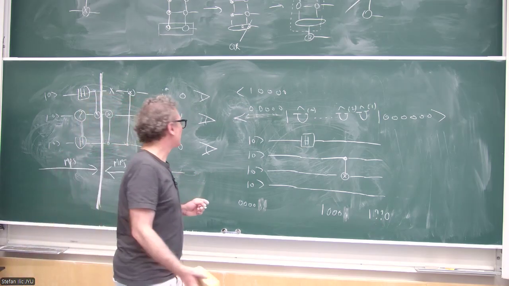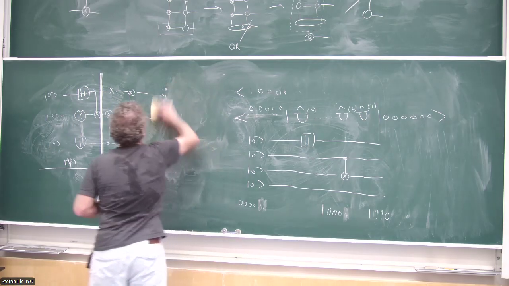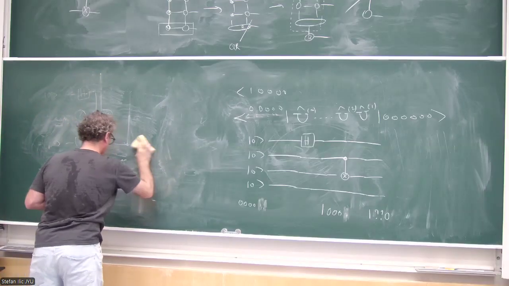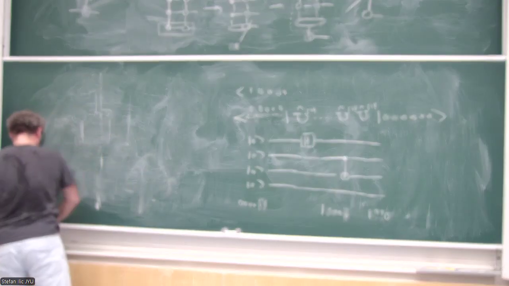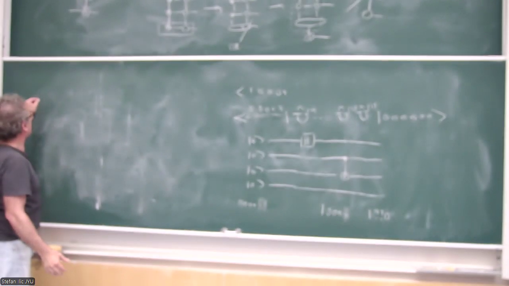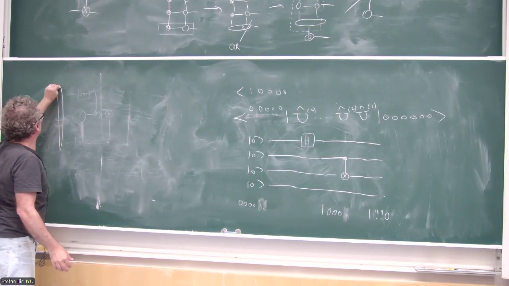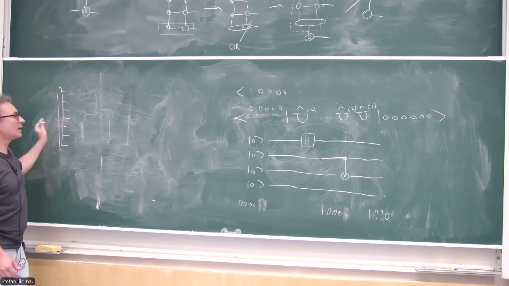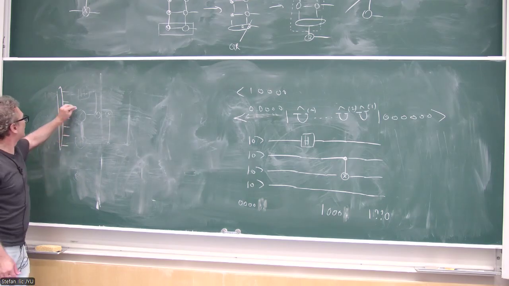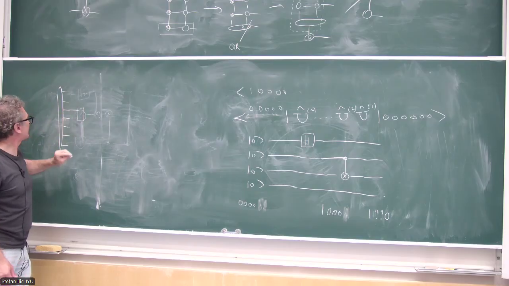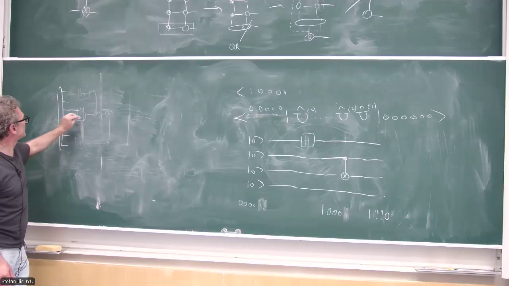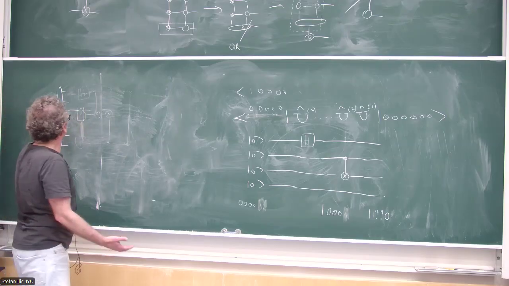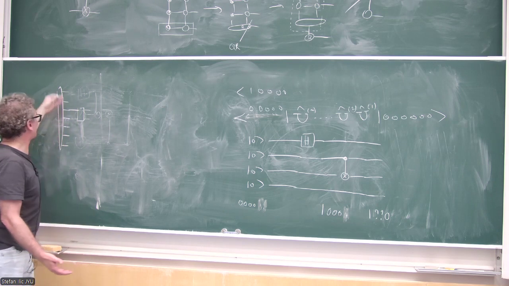Okay? So essentially, you are using the fact that if I have a state here, which may be arbitrarily complicated, and then I put a gate here, exactly, and I look at the probability for all the others.